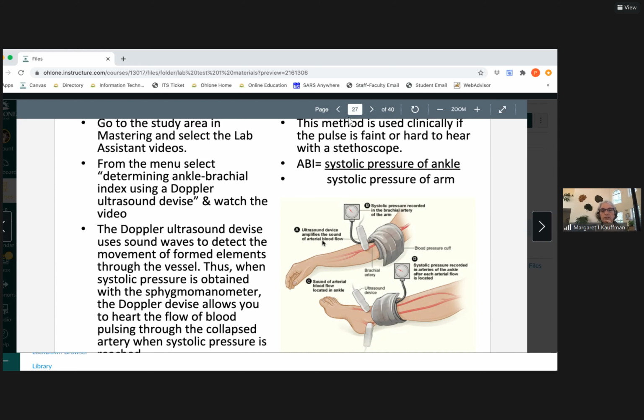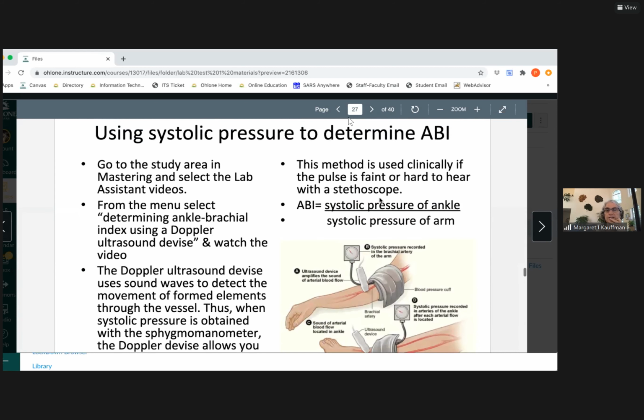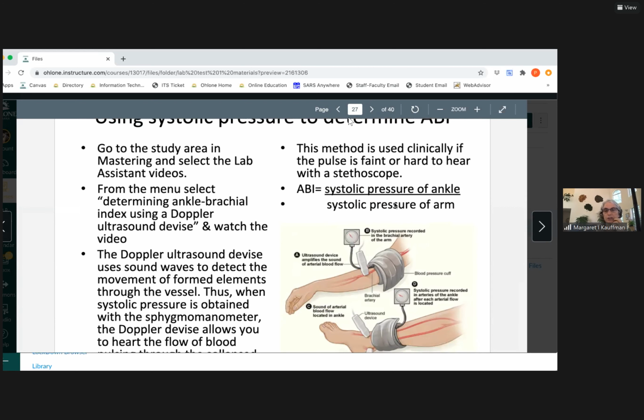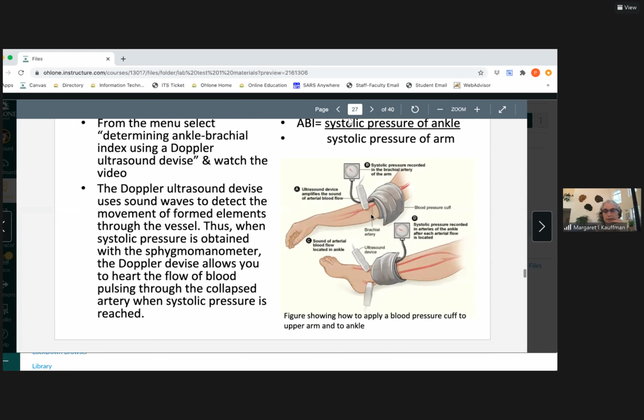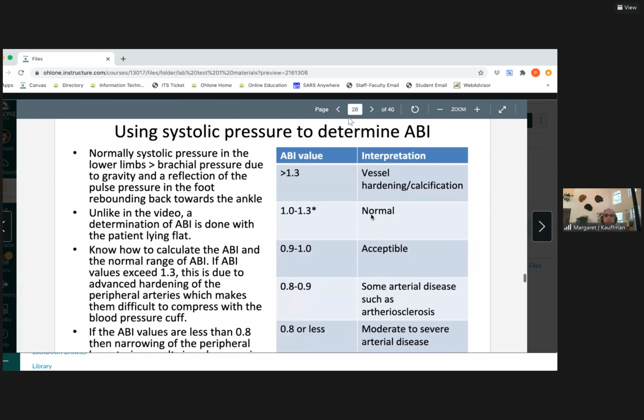Using the ultrasound device, you can pick up the sound of Korotkoff, which is basically a Doppler sound as blood moves through the vessel. You can read about this on your own. It can be used clinically. If we didn't have Kevin's video, I would have spent more time on this, but I definitely think it's worth reading and watching. It's a pretty short little video.